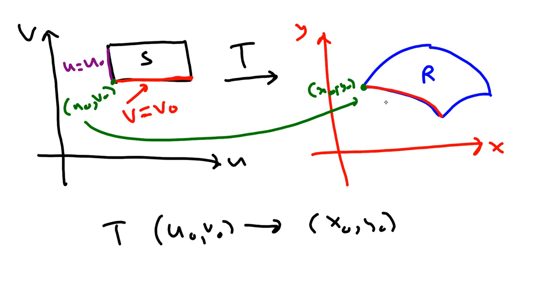A good name for that, I'm going to call this r of u comma v0. And you might say, why r? r is just a vector function, and it takes u and v and does something to them. You'll notice that u here is free to span a bunch of values, but v0 is fixed.